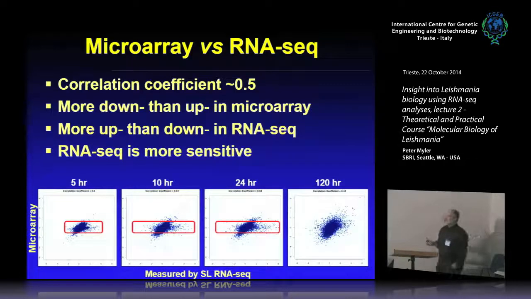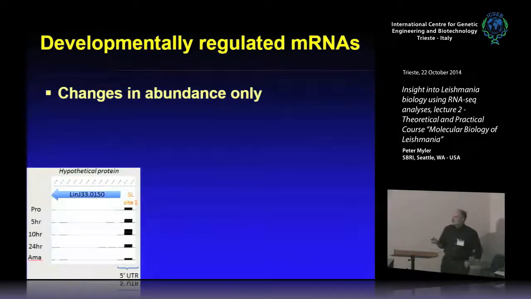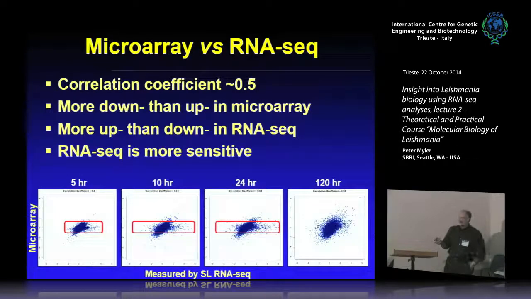And I think what that's telling us is that these are genes where the protein coding sequence is very similar. So when you do the microarray, you're averaging the level of several different genes. Whereas when we do splice leader RNA-seq, we're able to distinguish between those two different copies. And one of the copies will change, but the other one won't. And so it will be masked in the microarray results. So you get more sensitive results.